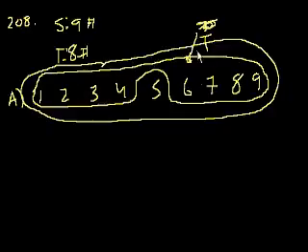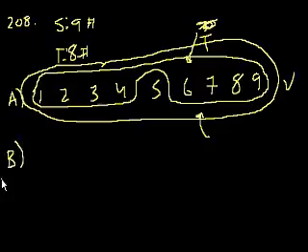So the average of all the numbers in T, if you average 1, 2, 3, 4, 6, 7, 8, 9, your average is going to be 5, right? Think about it. The average of 4 and 6 is 5. Average of 3 and 7 is 5. I think you get the idea. You could work it out if you like. And then if you were to take set S, which is all of these numbers plus the number 5, if you add 5 to a set of numbers whose average is 5, the average is still going to be 5. So A definitely works.